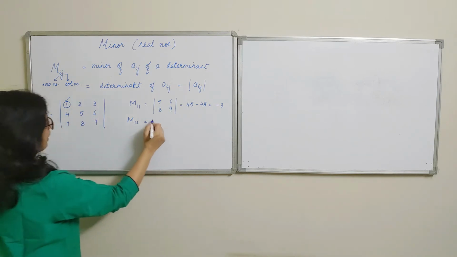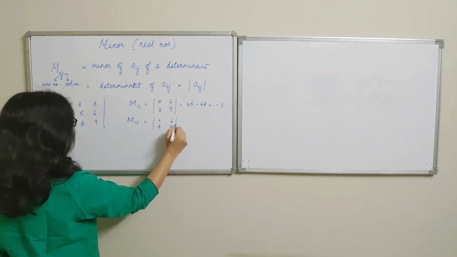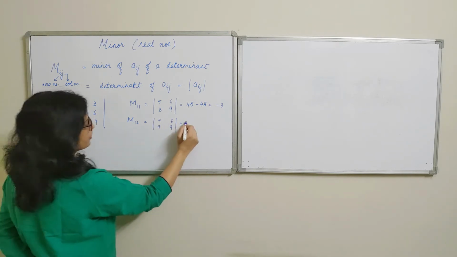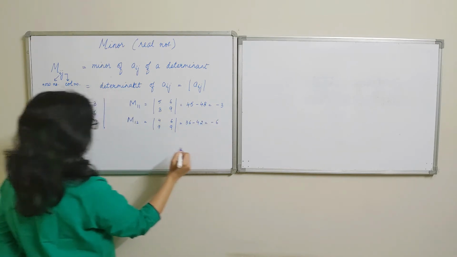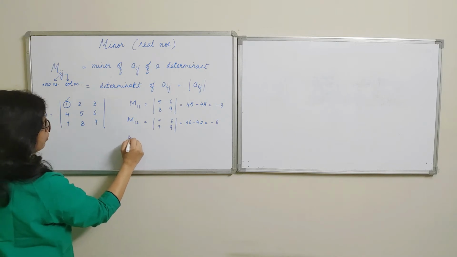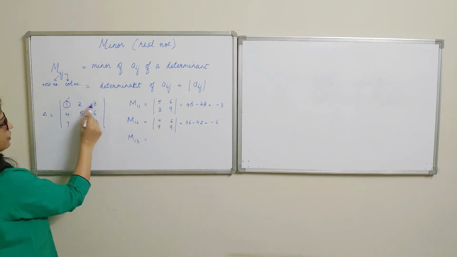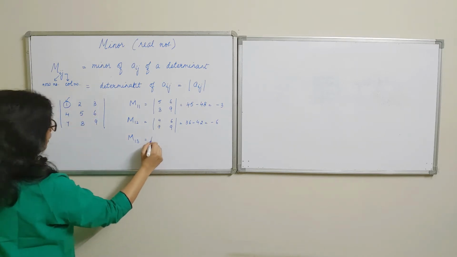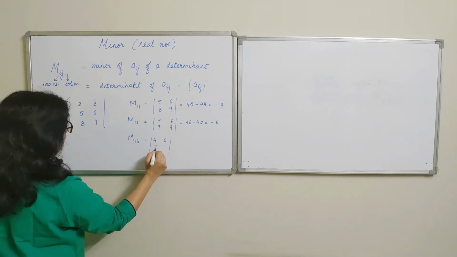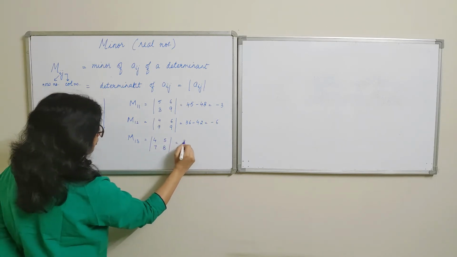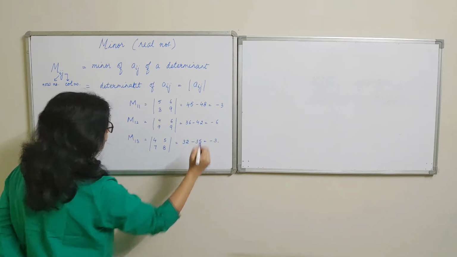The elements we are left with are 4, 7, 6, 9, and this is 36 minus 42, which is minus 6. Likewise, we can find the minor M13. Delete the first row and third column and find the determinant, which has elements 4, 5, 7, 8. This is 32 minus 35, equal to minus 3.